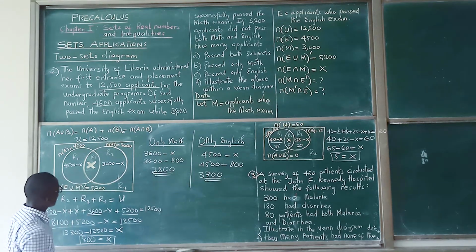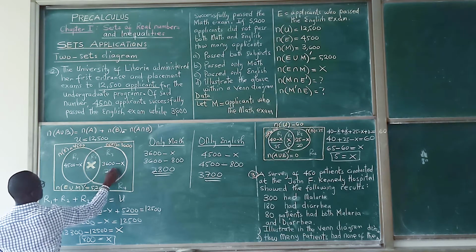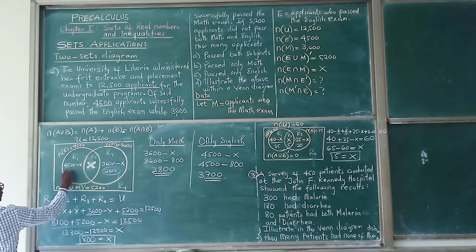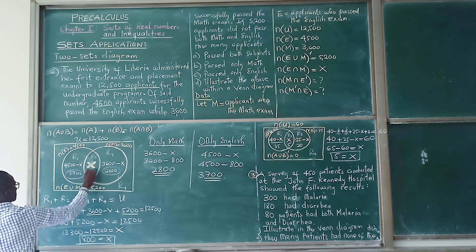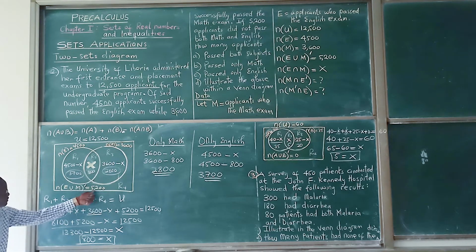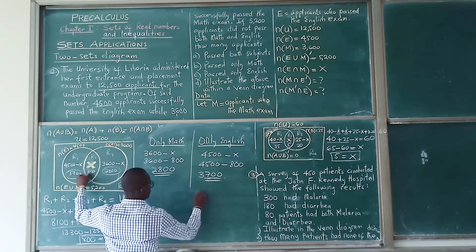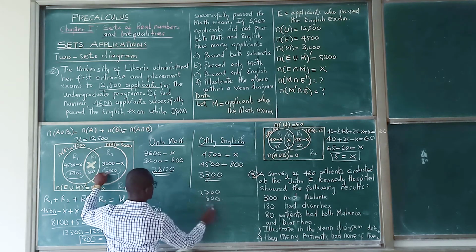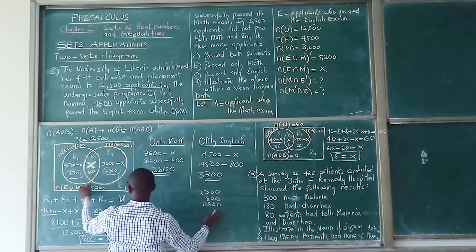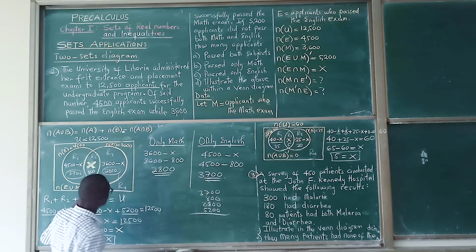So you notice that if you add all of them, this one is 2,800, this is 3,700, this is 800, and this side is 5,200. If you add all of them, 3,700 plus 800 plus 2,800 plus 5,200, it should just give you 12,500.